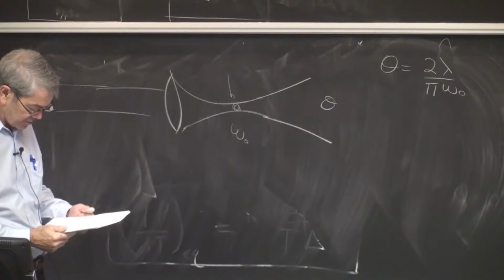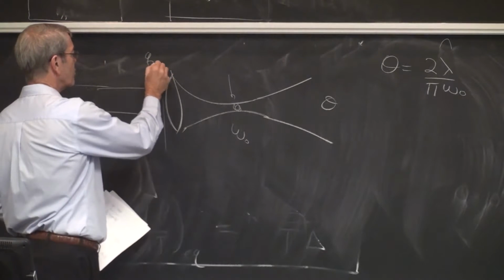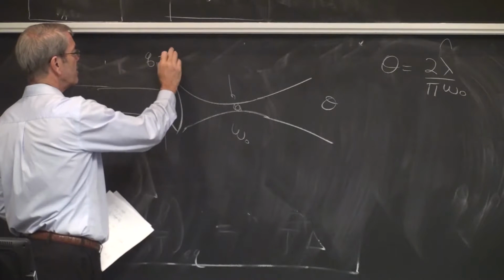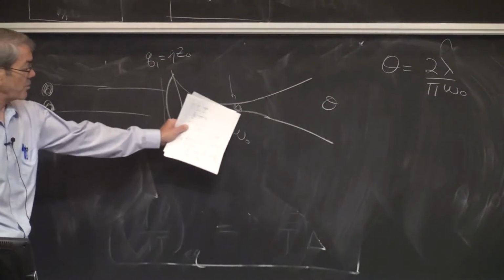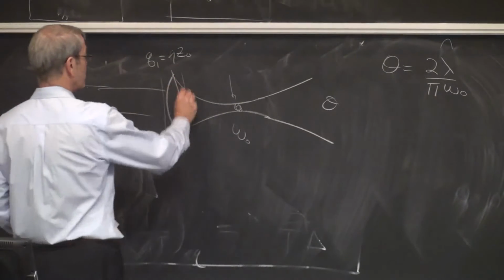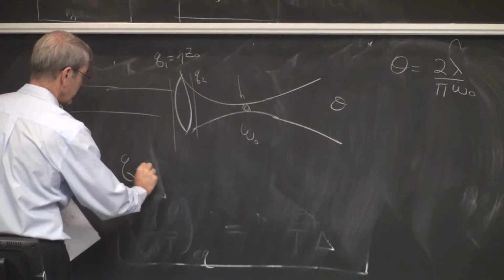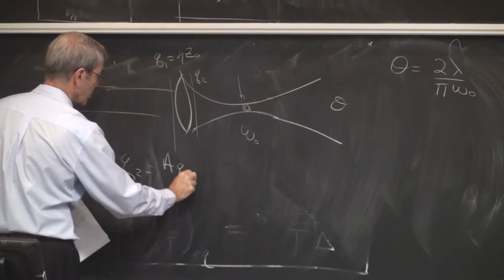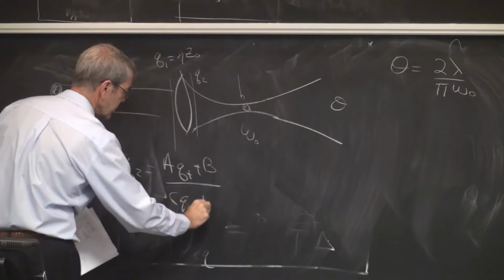How do we do this? Let's just assume we've got basically a waist here. So q1 is basically j z naught, a nice big collimated beam. I want to propagate through this lens, so I'm going to figure out what q2 is. q2 is just (A q1 + B) over (C q1 + D).